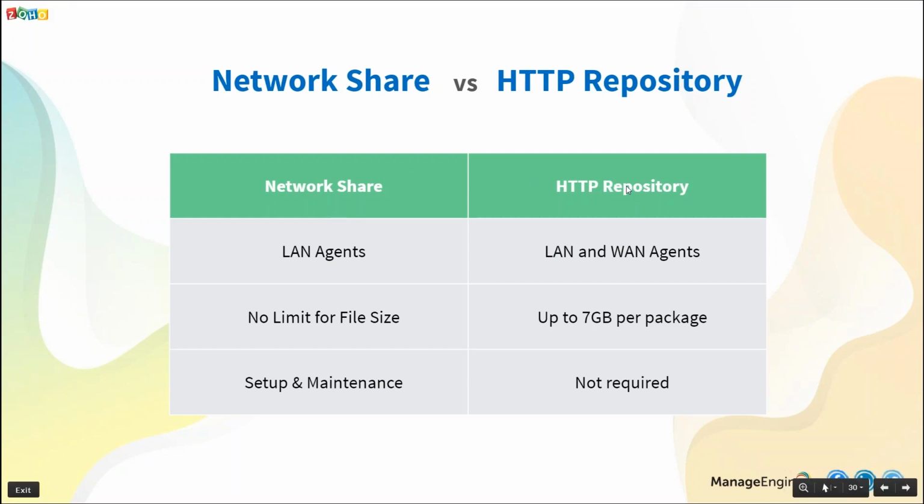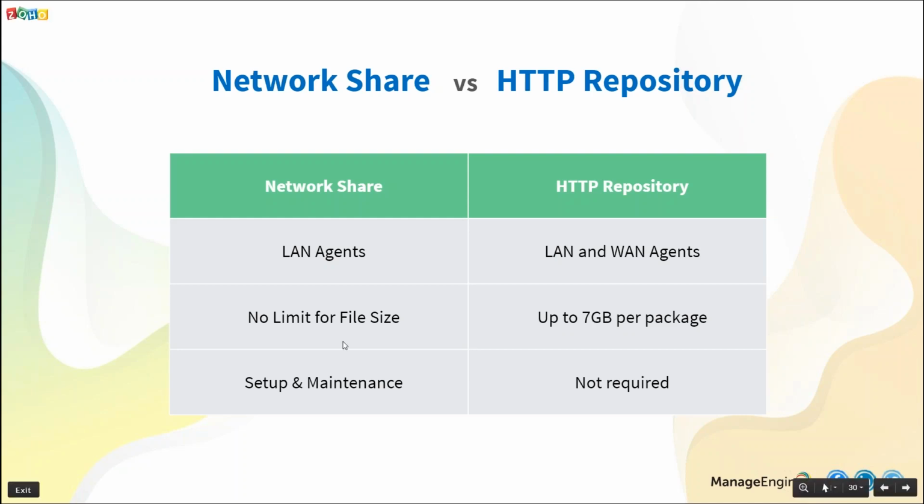Whereas using the HTTP repository, you can deploy software to local area and wide area network. Up to 7 gig packages can be uploaded to the HTTP repository. If you want to deploy a package of more than 7 gig to a remote site, you can reach out to the support team, who will help you with a workaround to achieve that scenario.